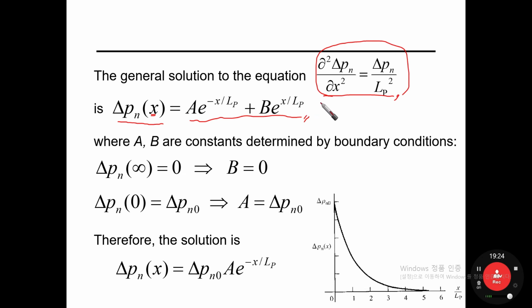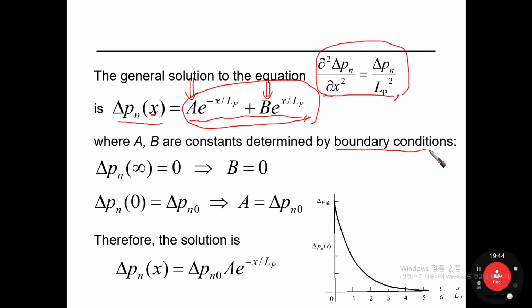So the general solution to the second order derivative equation is this. The work left for us is to find A and B. How to get A and B?